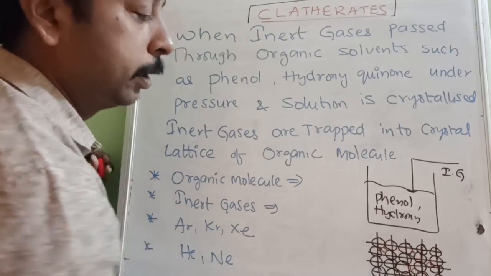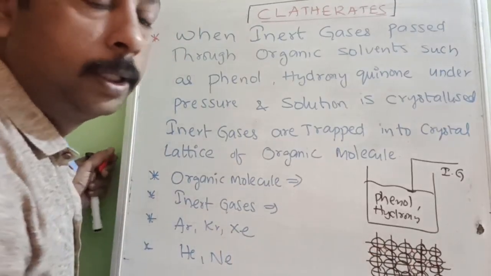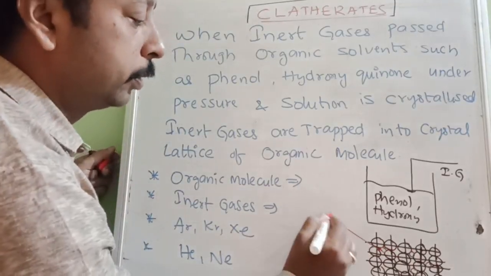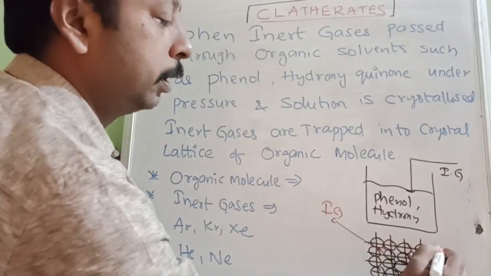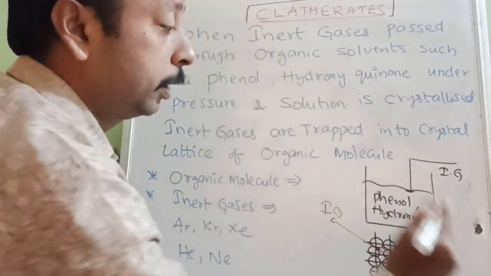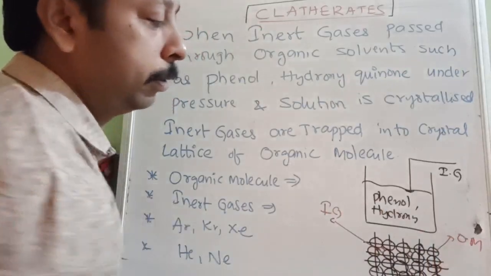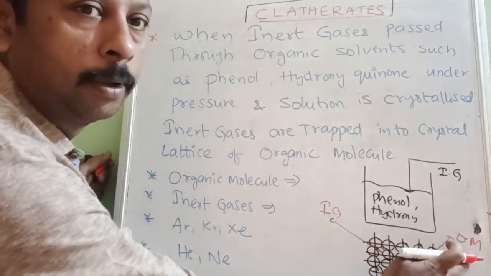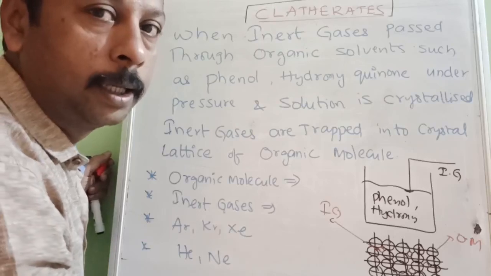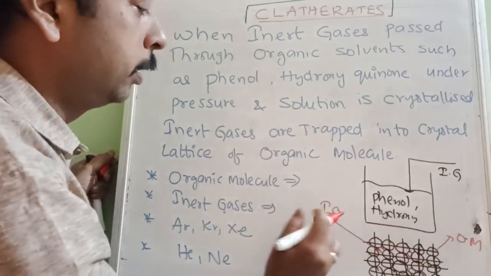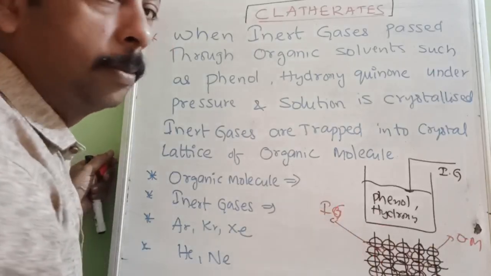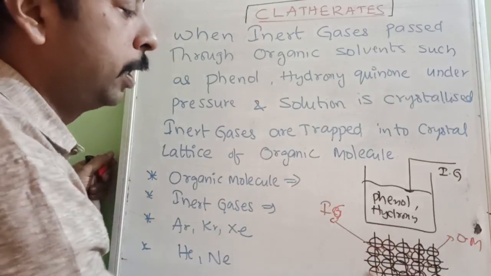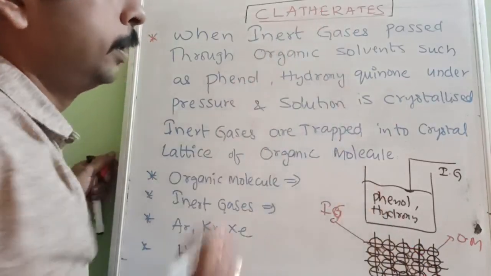This red color, I think you are able to see it, these are the inert gases. This black color is the organic molecule. So the organic molecules provide the place. They form the crystal lattice, and in the crystal lattice, inert gases are being trapped. Such types of compounds are called clathrates.